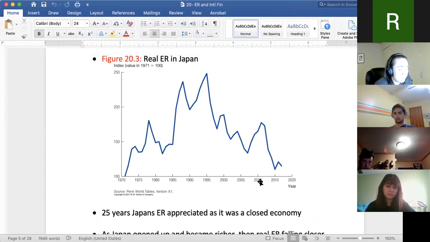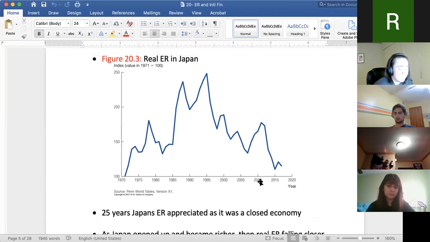Here's the real exchange rate, to read this table carefully. The real exchange rate is based on 100, not 1. Okay, so they've multiplied this by 100 for some reason. So in other words, if the real exchange rate was at 100, that's equivalent to the price of goods in Japan being the same as they are in the US.